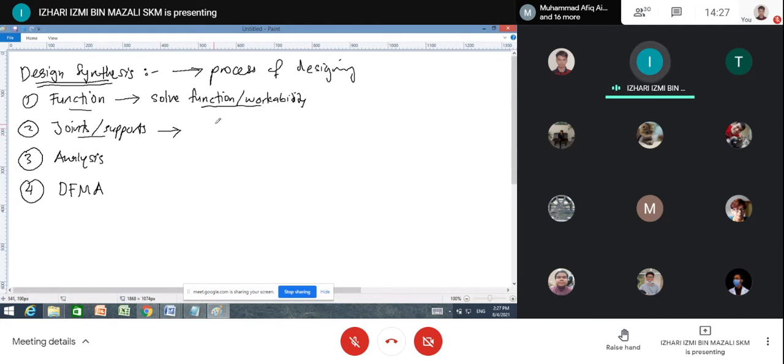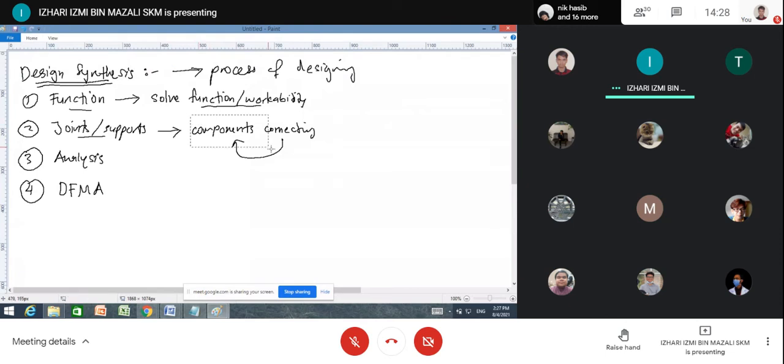Here basically we go into more detail once we have solved the function, and then we see how many components we have and how to connect those components together.